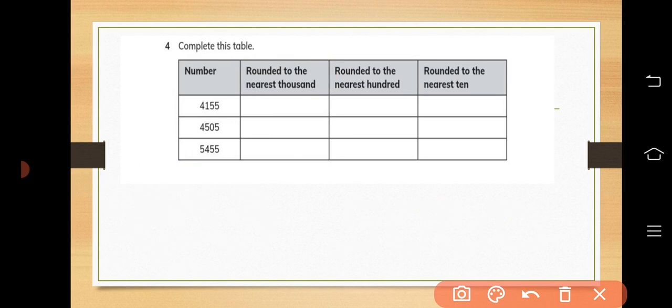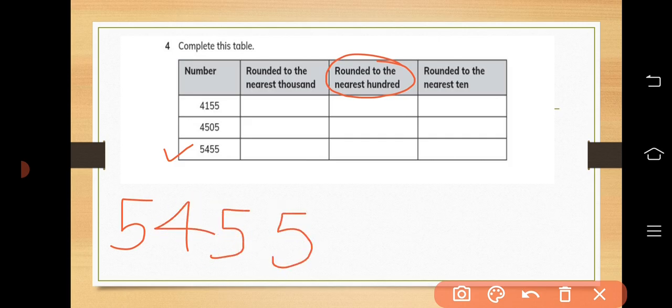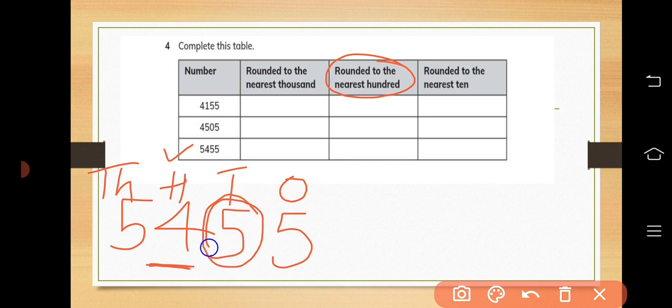Move to the next. You have to round off this number nearest to the 100. So it means that firstly you have to write down this number, then write down ones, tens, hundred, thousand. Now they saying that round it to the nearest hundred, so it means that you have to underline the hundred place value and circle the next value, that is 5.